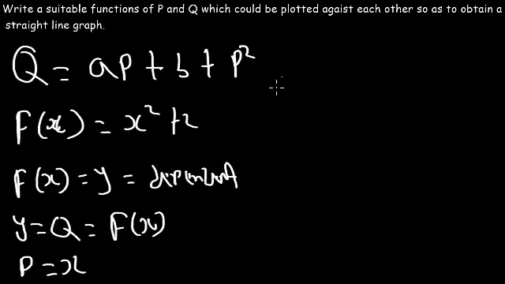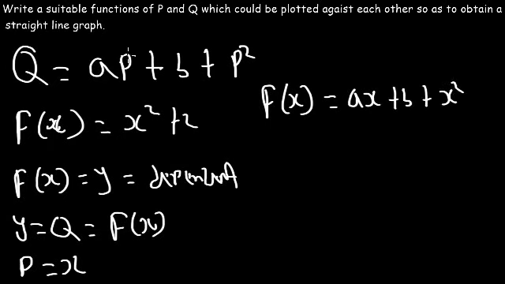Here's how it works. First, let's write f of x. F of x will be equals to ax plus b plus x squared. What I did was that I've just replaced the value of p with x respectively. Now what says the linearization of f of x?